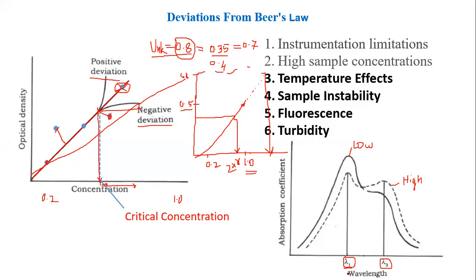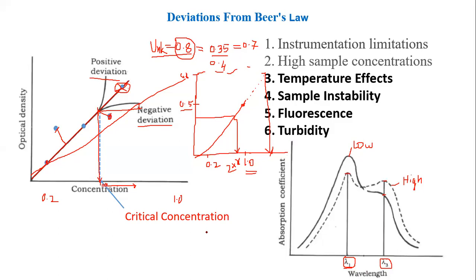So if I check the OD values at low and high concentration only at lambda 1, I can know that there is a negative deviation happening. Is this fine? Yes, sir. Reverse is true for lambda 3. At high concentration, I'm getting higher OD, while at low concentration, the OD value is low. So at lambda 3, with increase in concentration, there is increase in OD.